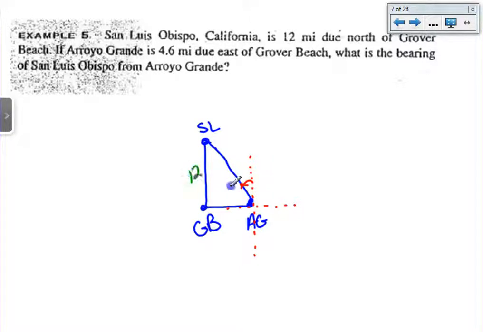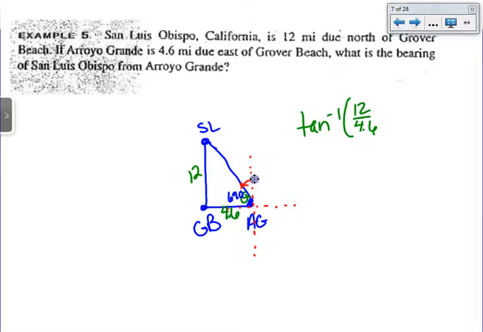Remember, this was a 12 and this was a 4.6. So what I would like you to calculate is how big this angle right here is, theta. So we can do that using an inverse tangent. And I didn't calculate this one yet, so let me grab my calculator. Looks like it's 69.03 degrees. So we'll just say 69.0.